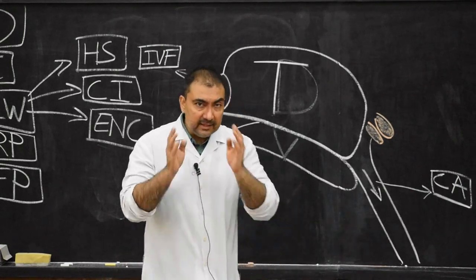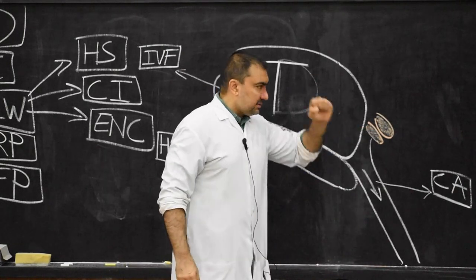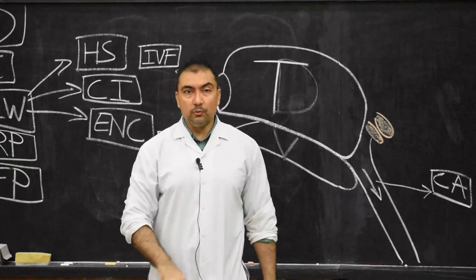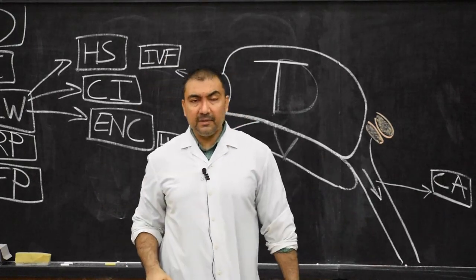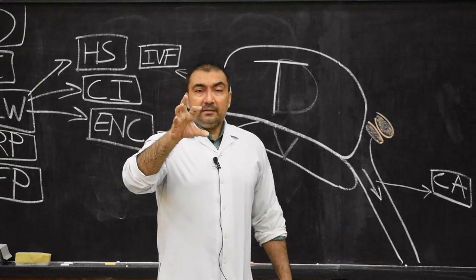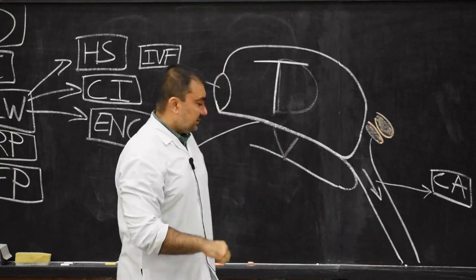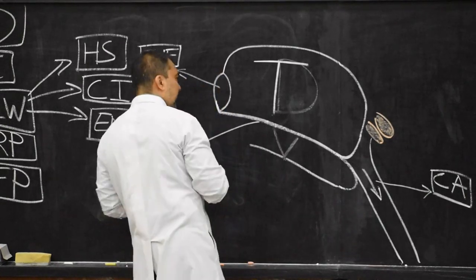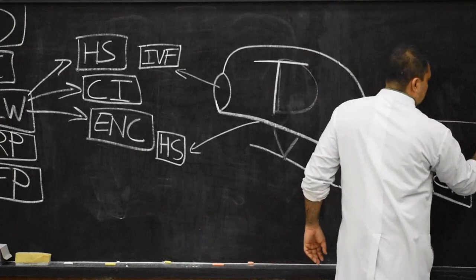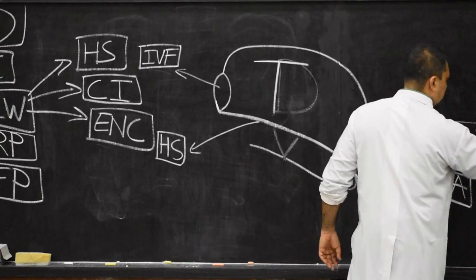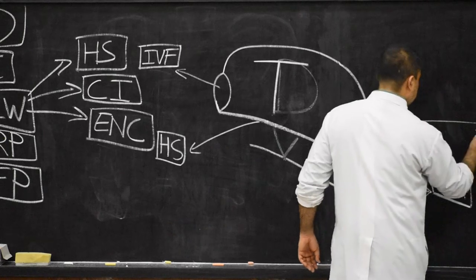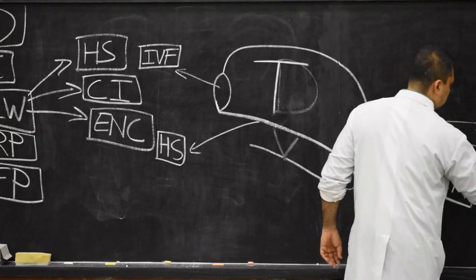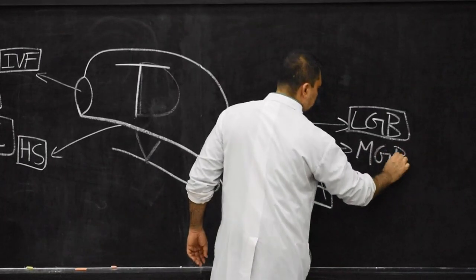Therefore, these two bodies are given a name now. What is the name given to the lateral and medial geniculate bodies? These two bodies are called the metathalamus. So here, we need to write down the lateral geniculate body and this one the medial geniculate body.